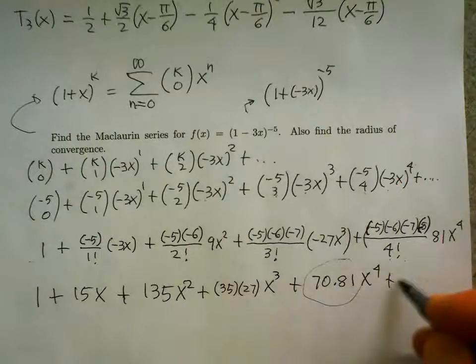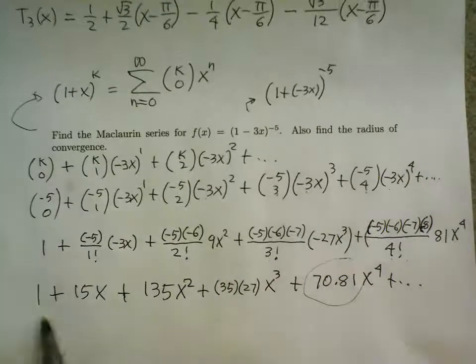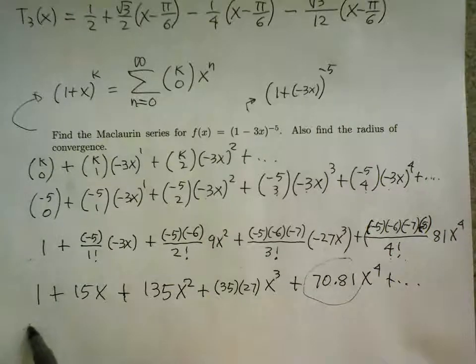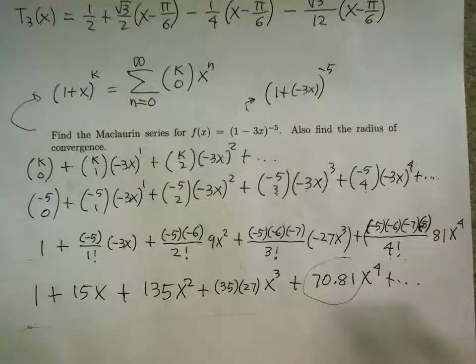And there's more, and this doesn't look like it's that easy to find a formula for the sigma notation. So if you can come up with 4 or 5 or 6 terms for the Maclaurin series, that's pretty good.